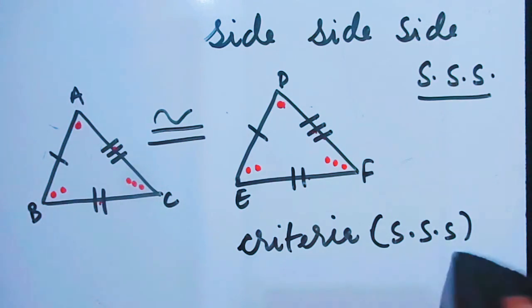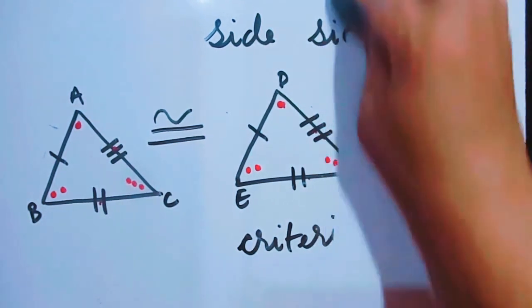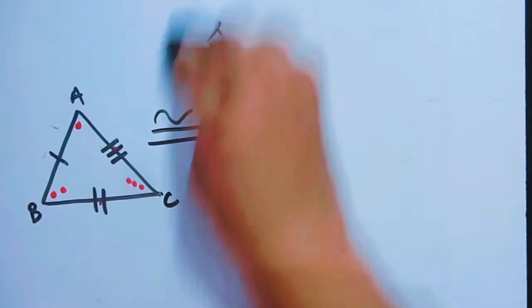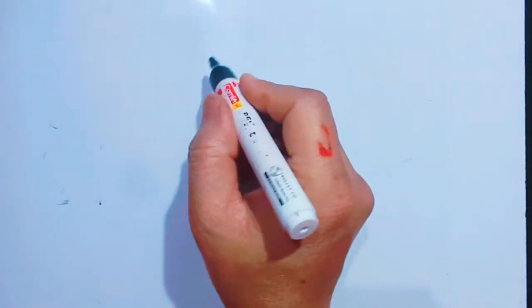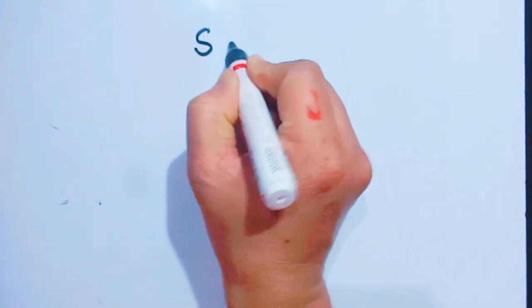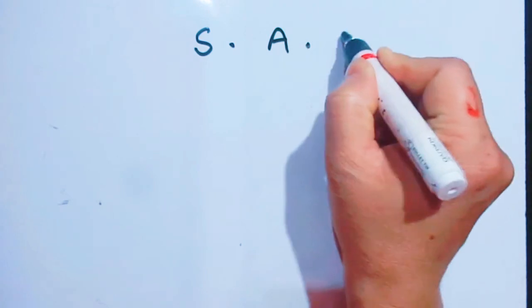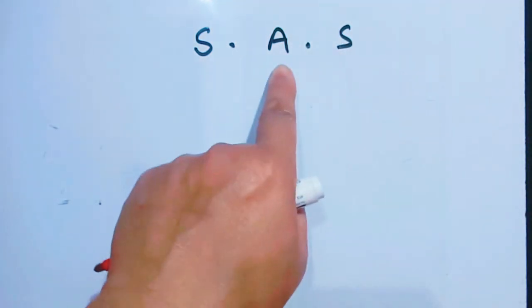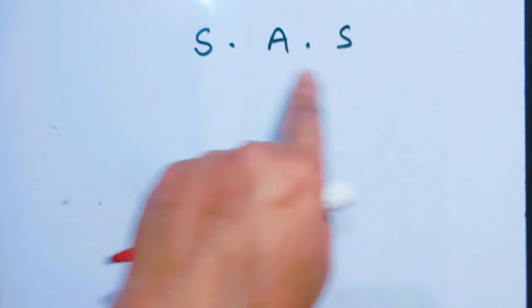Now, the next one is your angle, side, angle. Just remember, right now we had learnt side, angle, side. Side, angle, side means the angle was included between the two sides.